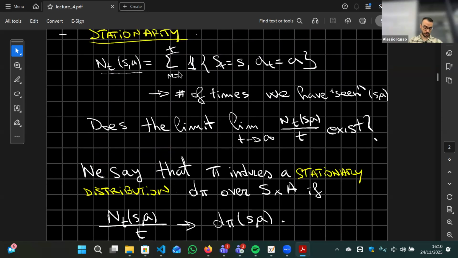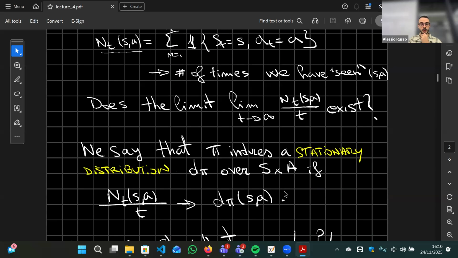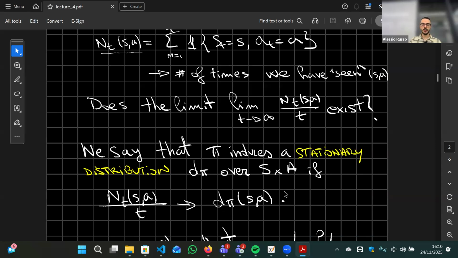Another important notion is the notion of stationarity. If we define by N_t(s,a) the number of times we visited a certain state-action pair up to time t, one of the questions we ask in general is this limit N_t(s,a) over t: does it exist in the limit? Does it converge to something that is constant, or is it oscillating?